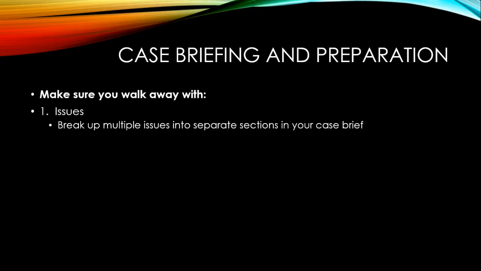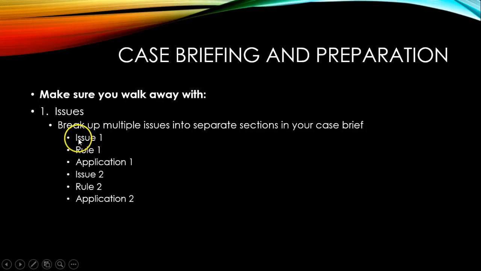For example, if there are 2 issues, you'd want to state them separately like this, where you've got a paragraph that deals with issue 1, the rule that addresses that issue, and then the summary of the court's application of that issue, and then move on to the second issue. Now sometimes you'll find an opinion that's written just like this where they break it up.